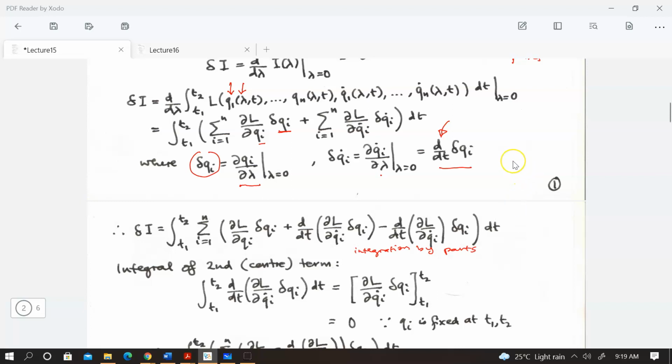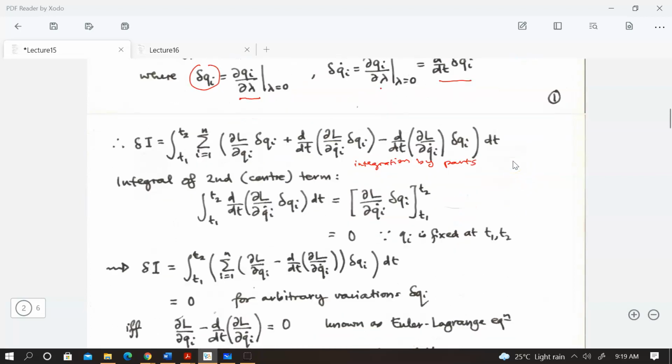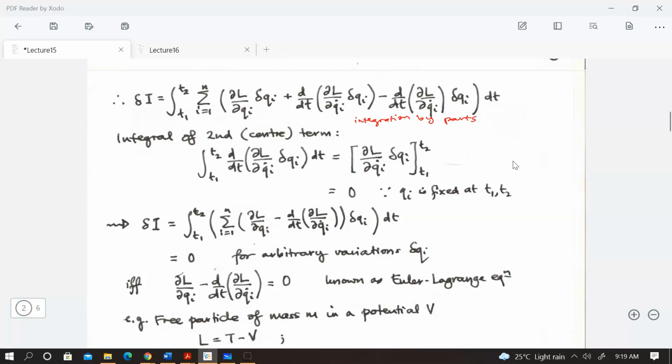Okay, so next, can we simplify this further? Yes, you can. Essentially, you have a total time derivative over here, this particular term. The other thing that we need to remember is that you have a summation over all this i.